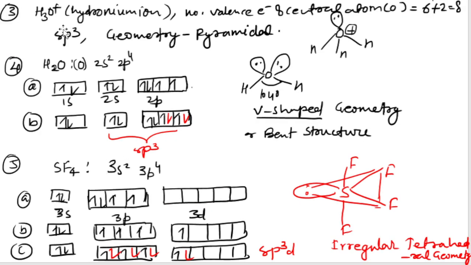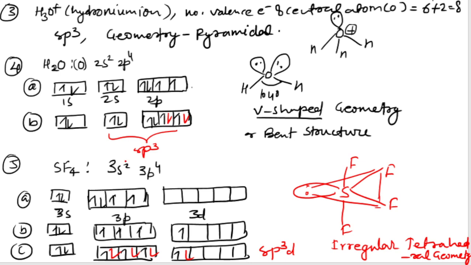And similarly, the hydronium ion. The hydronium ion has 8 valence electrons in the central atom, which is oxygen. So the hybridization is sp3 and the geometry is pyramidal. For water molecules, the configuration is this, the geometry is V-shaped, and the hybridization is sp3.